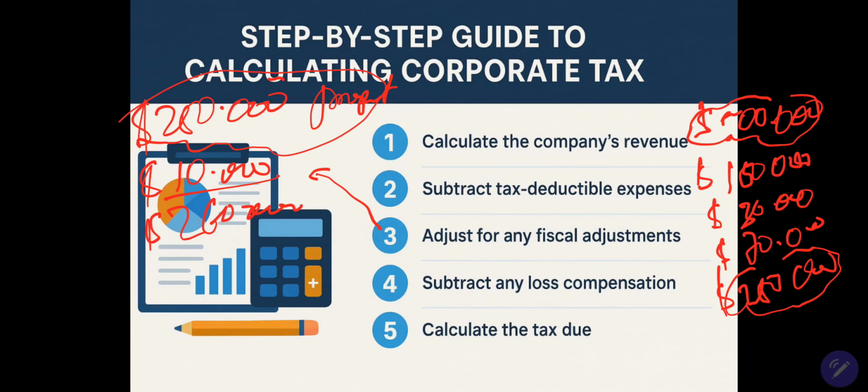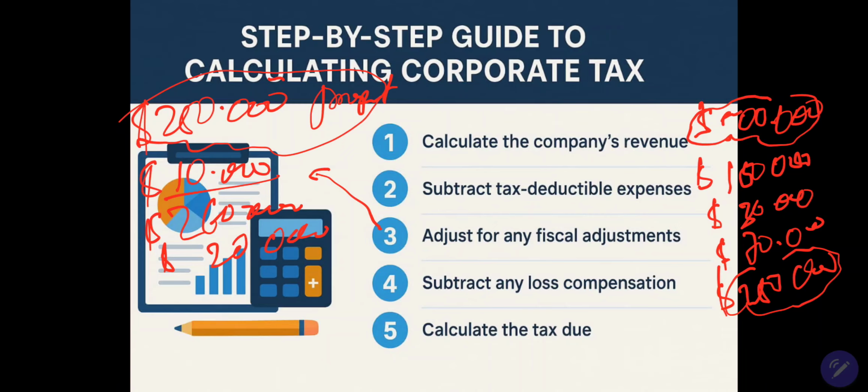I will give you an example. Right now, 2025, you get a profit of $260,000, and in the previous year, 2024, you didn't get a profit, in fact you lost $20,000.